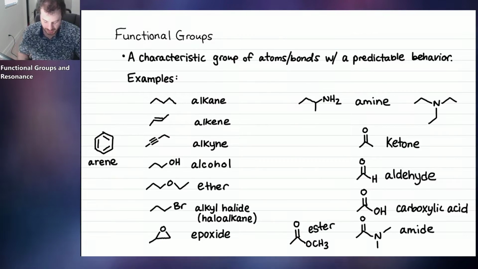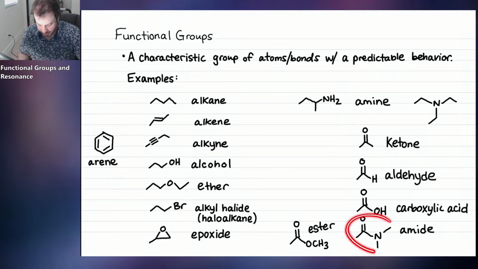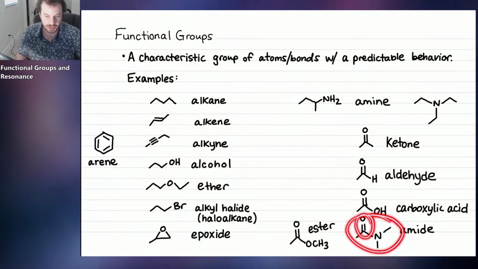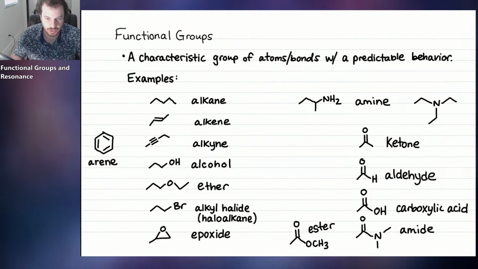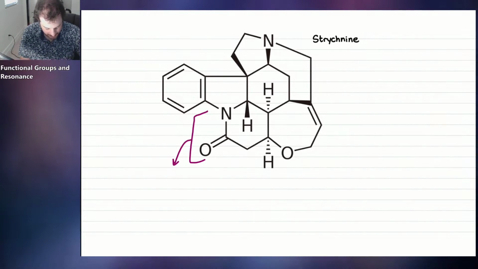Remember, an amine is a nitrogen attached to carbon or hydrogen, versus an amide, which is a nitrogen that's attached to a CO double bond next door. So is this an amide or an amine? This is an amide because we've got a nitrogen and then a CO double bond next door to it. So this functional group right here is an amide.